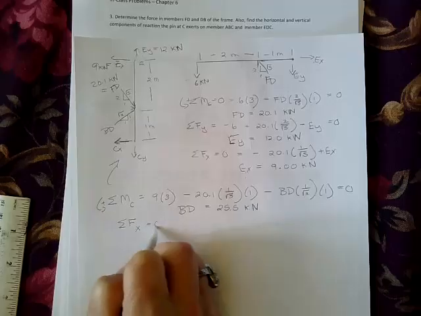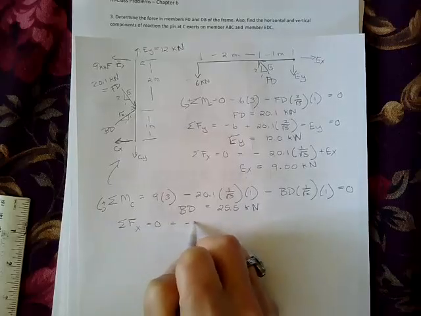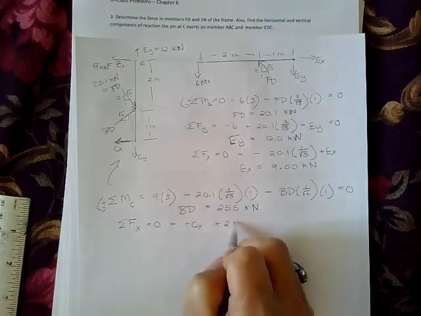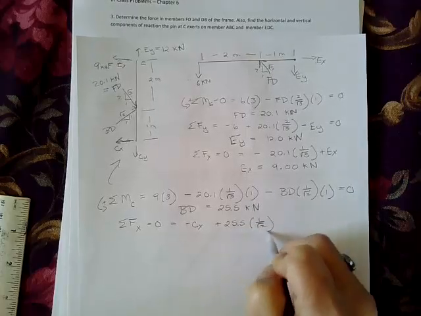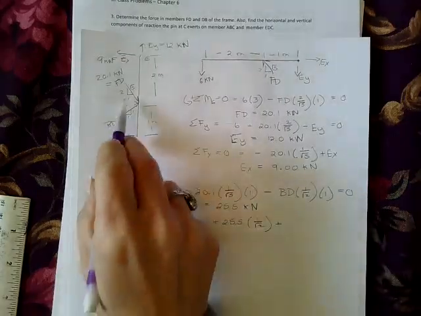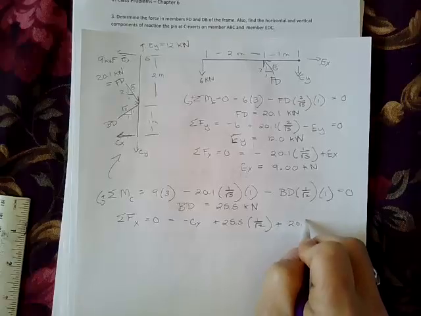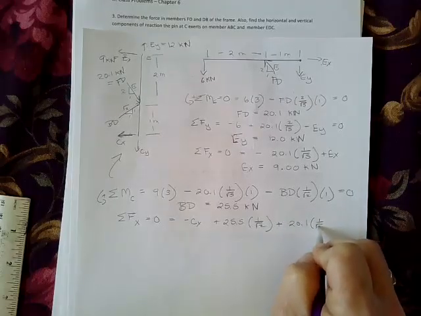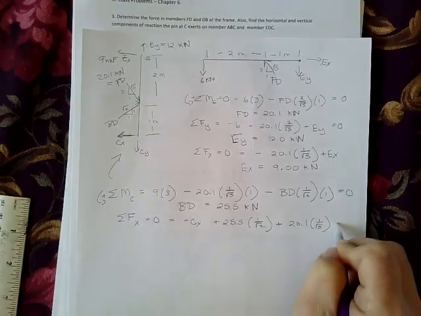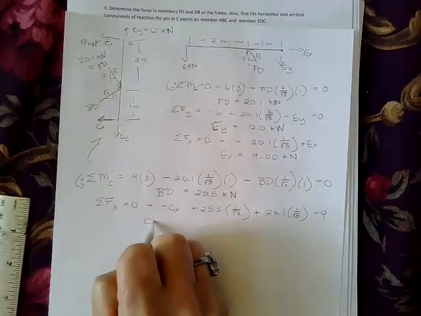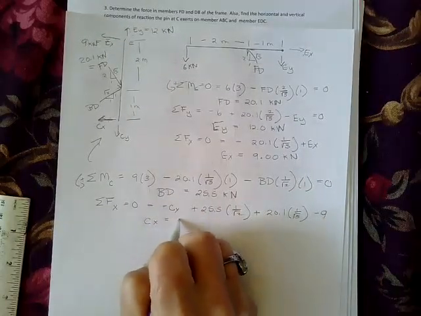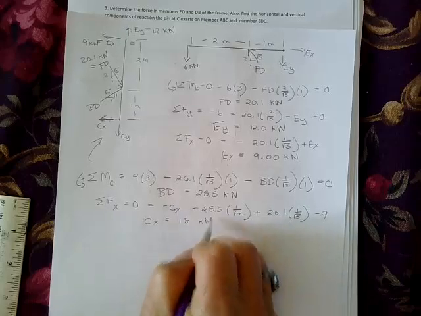And then I can do the sum of the forces in the x direction is equal to 0. So I get negative CX plus 25.5 times 1 over square root of 2, plus FD, which is 20.1 times 1 over square root of 5, minus EX, which is 9. And when I solve that out, I get CX is equal to 18 kilonewtons.